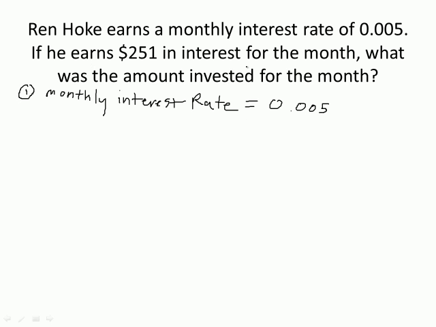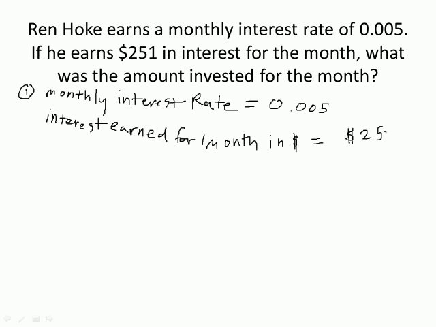If he earns interest for the month, OK, so interest earned for 1 month. I'm going to say in dollars, right? And we can put it over here, 251. What was the amount invested for the month?